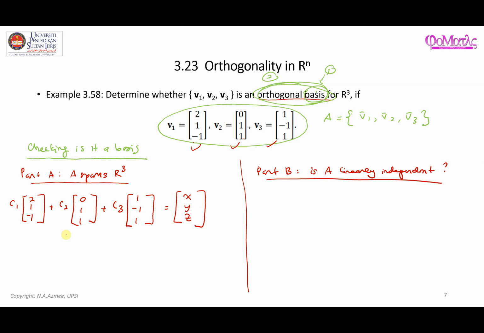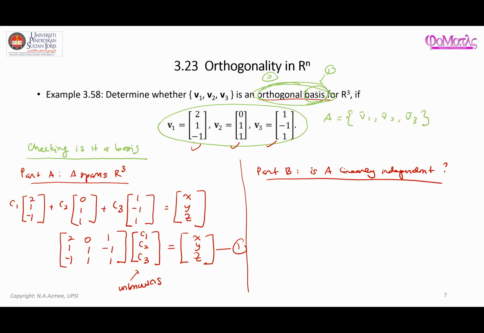Here we can write this in matrix representation, with C1, C2, C3 as the unknowns that you have to find, such that the result equals X, Y, and Z. So that is the starting point for part A, question 1.